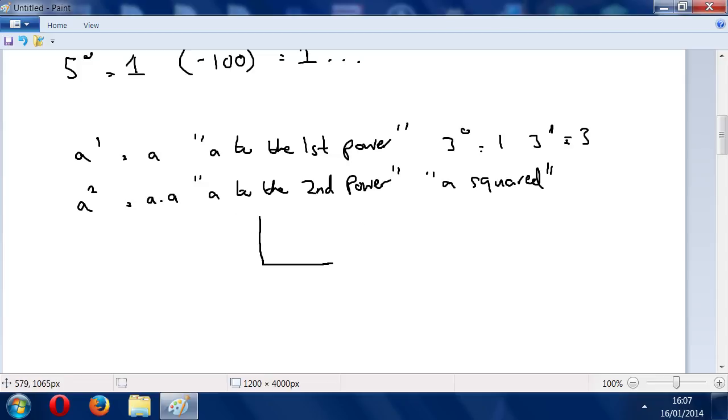That's because if we have an area here, a times a, then this shaded area is a times a. So the area is a squared.